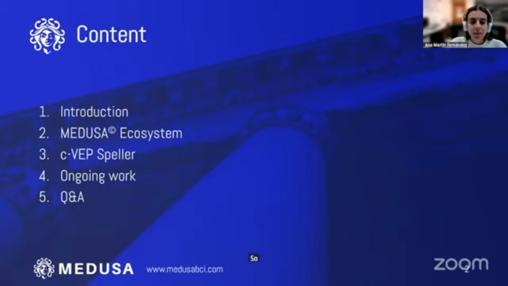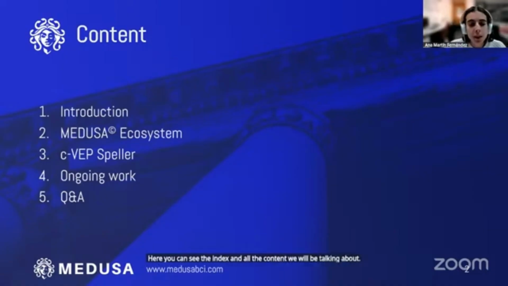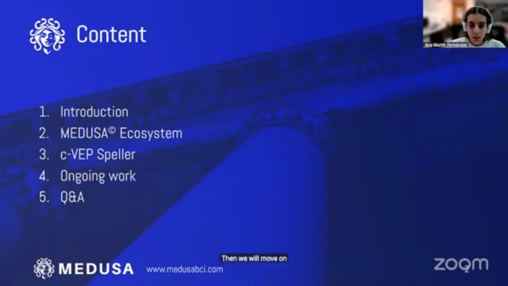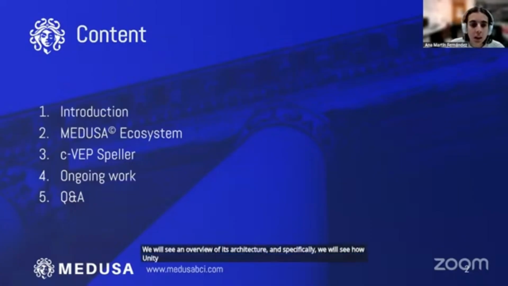To give you an idea of how this session will go, here you can see the index and all the content we will be talking about. First, we will start with a brief introduction, just to make sure we are all on the same page about what c-VEP-based brain-computer interfaces are. Then we will move on to the Medusa software ecosystem. We will see an overview of its architecture, and specifically how Unity applications are integrated within the software.